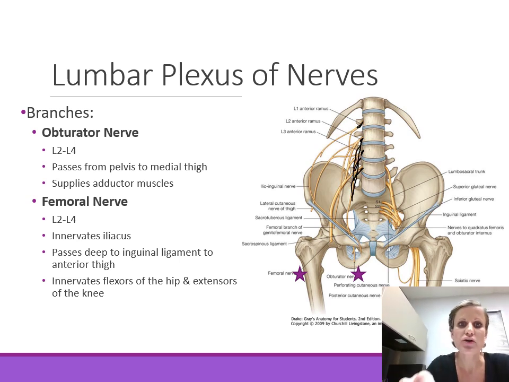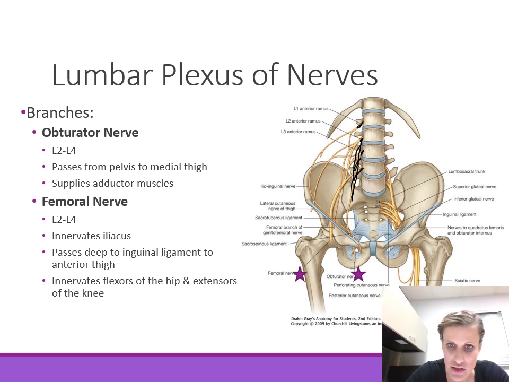The obturator nerve emerges on the medial side of the psoas major, so it's more medially, and it passes from the pelvis into the medial thigh. Looking at it, you can see that the psoas major would be right here, and the obturator nerve comes right here.